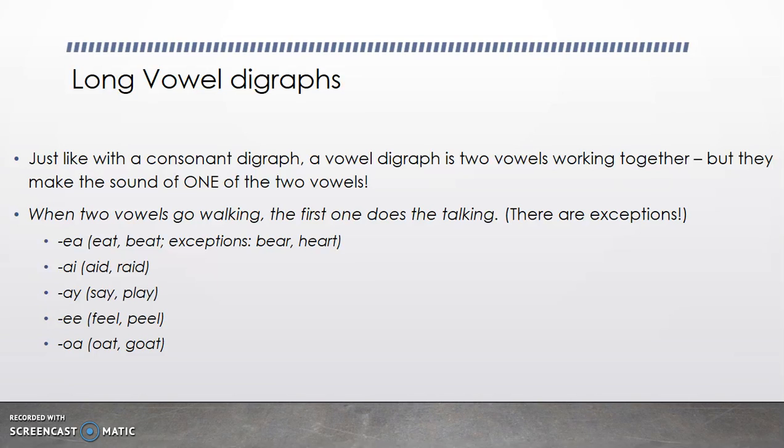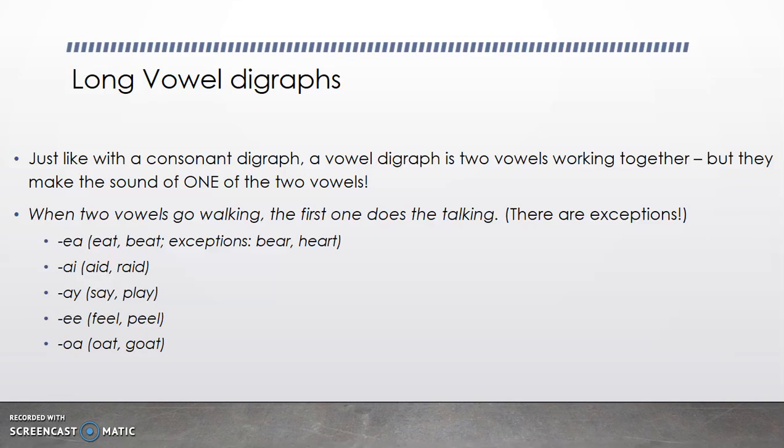However, just like with all of our other phonics generalizations, there are exceptions. So for example, the long vowel digraph EA usually sounds like E, eat, and beat. However, there are exceptions to that, such as bear and heart.